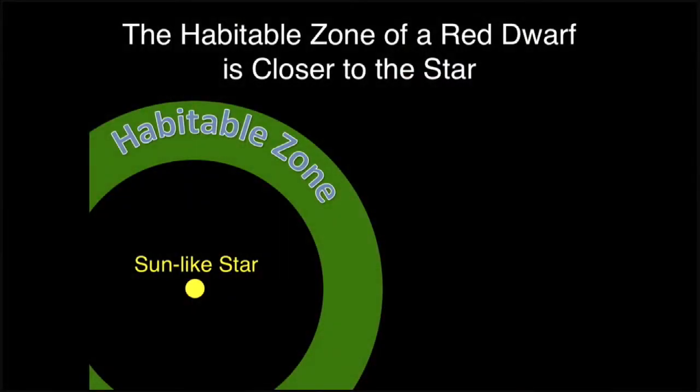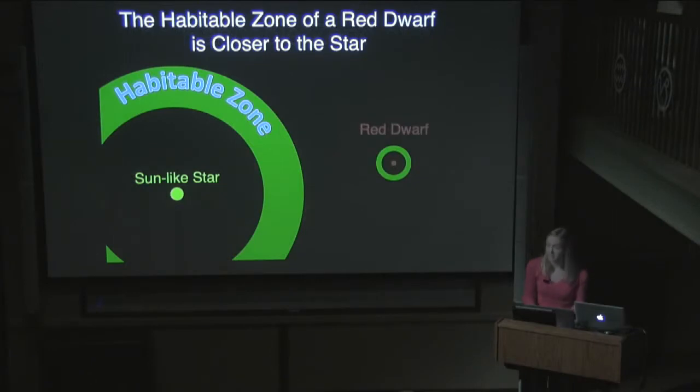Another reason why I like to look for planets around these red dwarfs is that their habitable zones are much closer in. This is to scale the habitable zone of a sun-like star. If we throw up a red dwarf, though, you can see that the habitable zone is much, much closer in. In fact, a planet in the habitable zone of a star like the sun would have a year the same length as our year, 365 days.